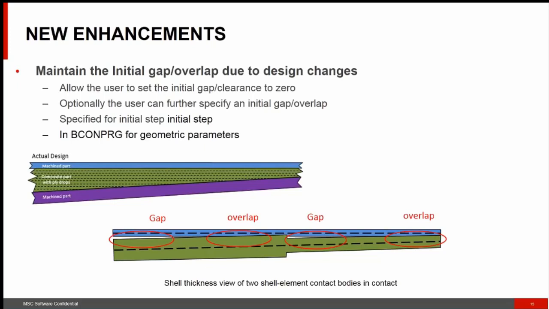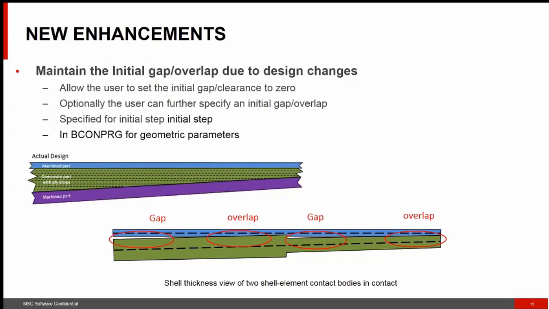And what are the applications? For example, in many cases, we see that there is a gap between parts because there have been shims during the production, so it's important to take that into account. You can see here, for example, in these plates, we have a gap, then we have some overlap, and then we have a gap, so it's very varying.